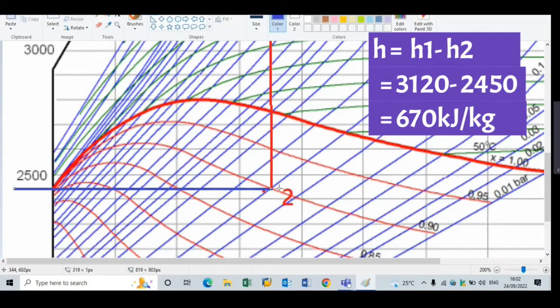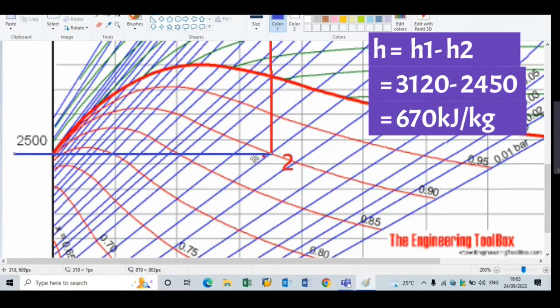For this point 2, if we observe here, 0.90 dryness fraction is given. So if we observe these red inclined lines, these red inclined lines indicate the dryness fraction. So we can say that the final condition of steam is wet steam with dryness fraction 0.90.